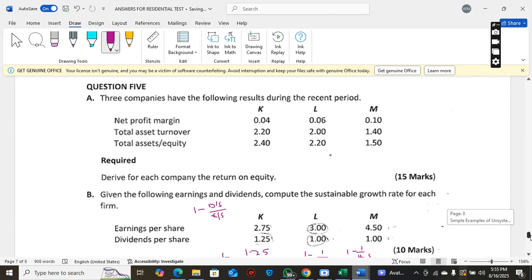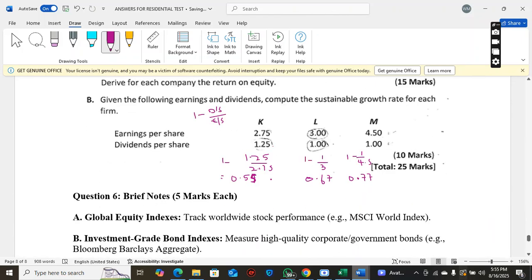So company K 0.55 times 0.212, company L 0.67 times 0.26, then company M 0.77 times 0.21.